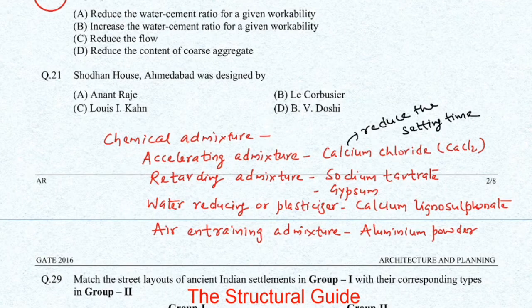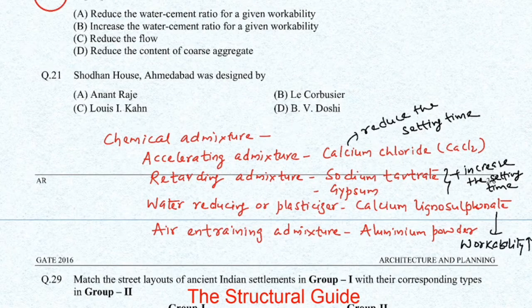Retarding admixture, sodium tartrate and gypsum, is used to increase the setting time. Water reducing or plasticizer, calcium lignosulfonate, is used to increase the workability.